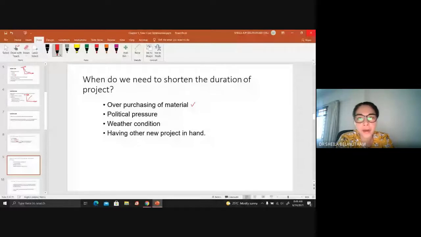For example, site reinforcement bar. If you have over-purchased all this rebar and you do not have a proper storage area, due to the rain and so on, it would get corroded. When it gets corroded it is troublesome, because when you are trying to install rebar, especially rebar that is crucial for a foundation, you need to brush off the corrosion and so on.